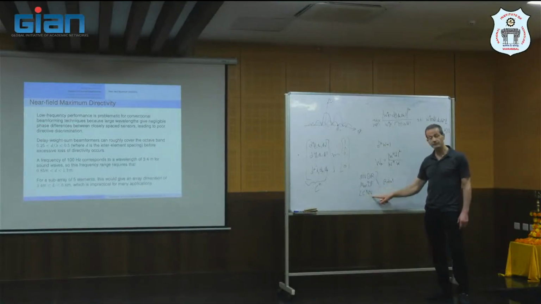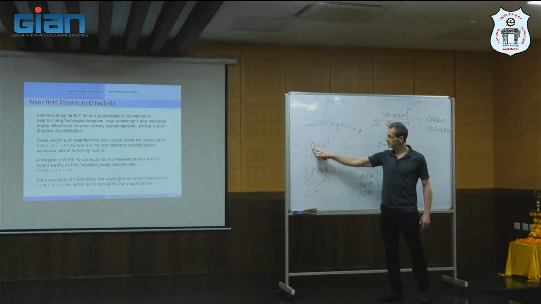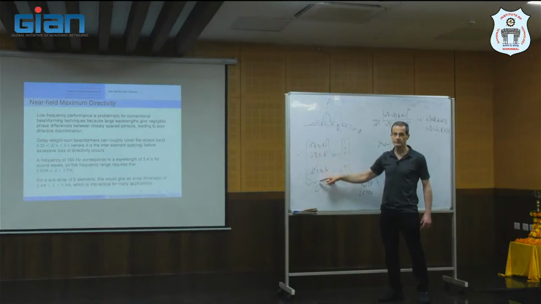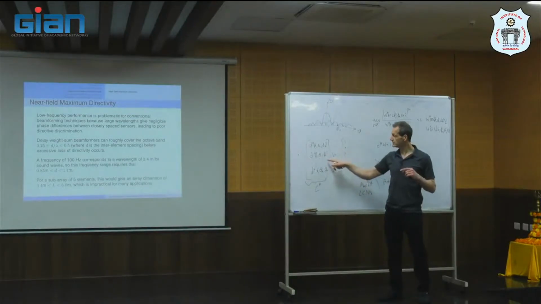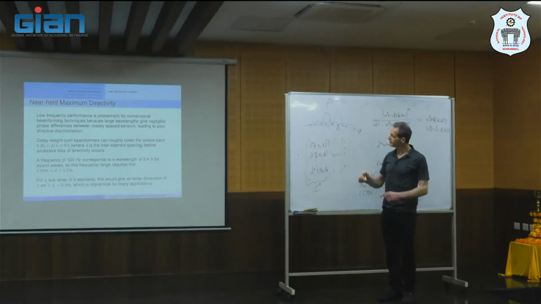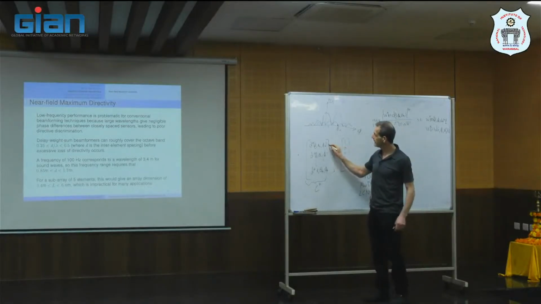If we have LCMV, we take this matrix. Do we need to take everything here, near field or far field? So it depends on the sources. Maybe if it is near field, we need to put here R0, here R1, RP.